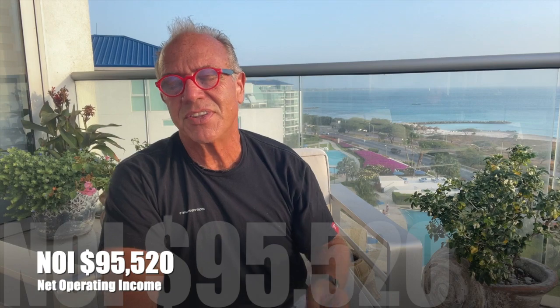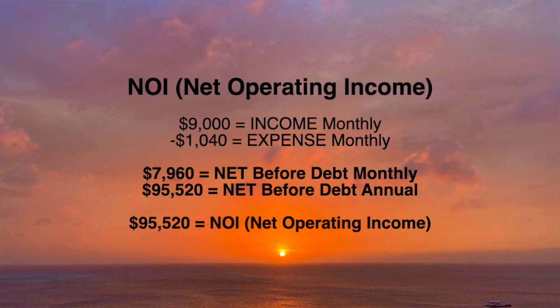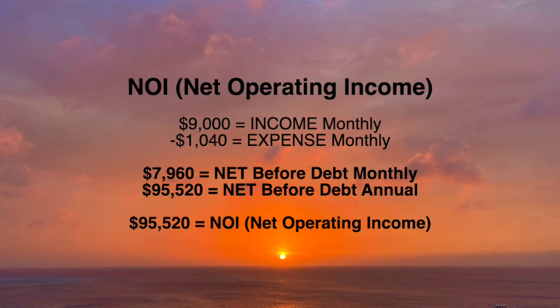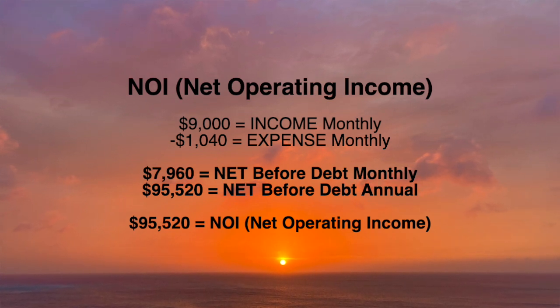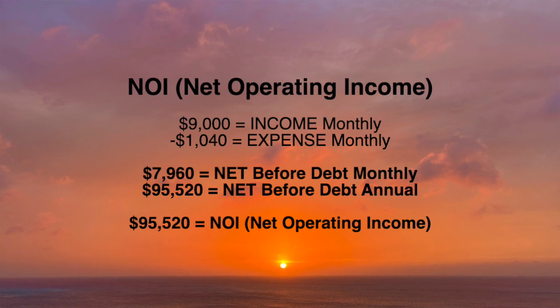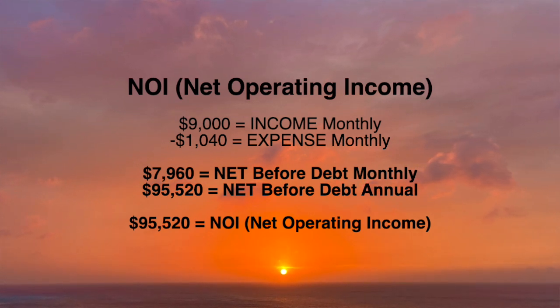So if I take that $7,960, multiply it out by 12, that's going to give me my annual NOI, my net operating income. Net operating income, okay? For this deal, the net operating income is $95,520. Now that's before debt service.